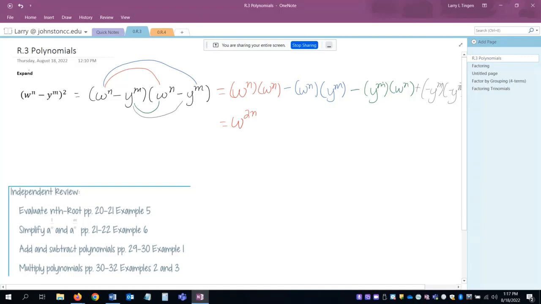But I'm minusing the same thing, right? Multiplication is commutative. So W to the N times Y to the M times W to the N. Those are like terms. So there are two of those. This is subtraction. So we're just combining terms. And we really don't need the parentheses anymore.